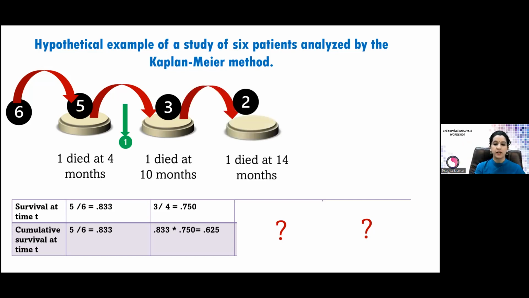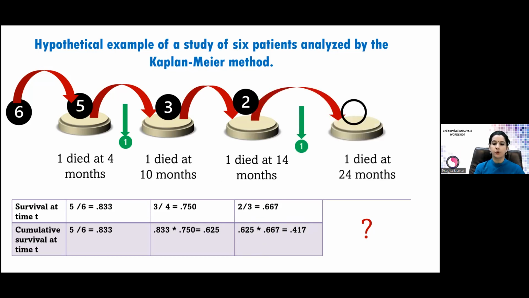Similarly here, at 14 months, one person died. So one person died, how many remained? 2. So 2, and then in the denominator, this is 3. So 2 by 3, it is 0.667. So cumulative survival will be, already this is 0.625. So 0.625 multiplied by 0.667, it will be 0.417.